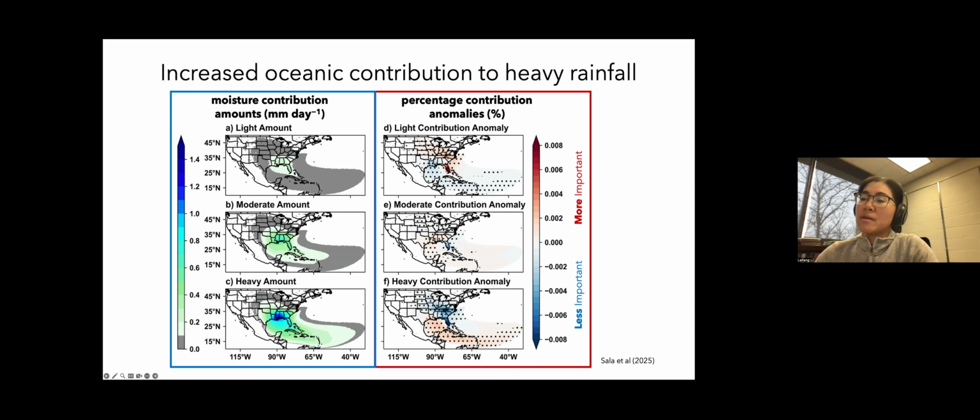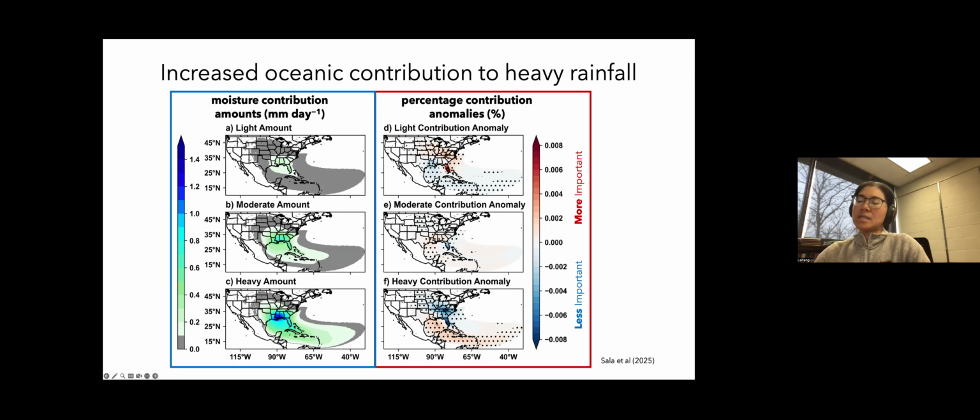So overall, the contribution or importance of the land area significantly decreases, but the oceanic contribution significantly increases, especially along the Inter-American Sea, which is generally co-located with the southern edge or southwestern edge of the North Atlantic subtropical high.